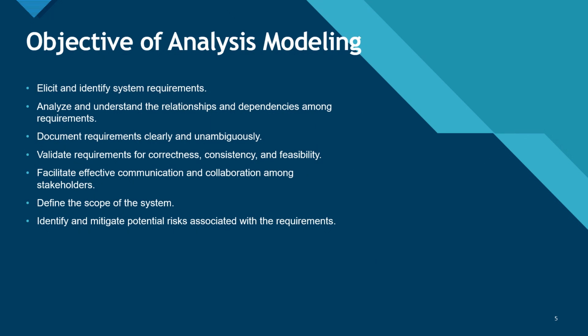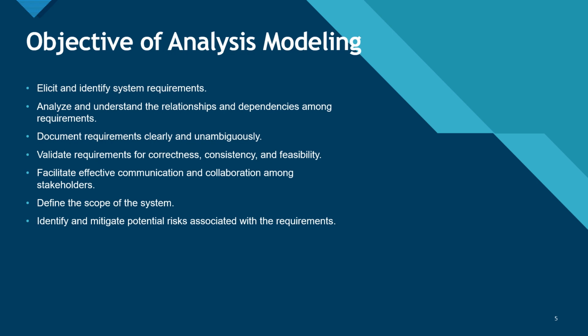There are various objectives of analysis modeling, which are as follows. Firstly, the analysis model must establish a way of creating software design. Also, its main objectives are to elicit and identify system requirements, meaning what the requirements of the system are, and to analyze and understand the relationships and dependencies among various requirements.